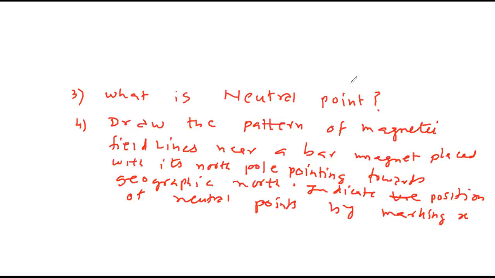Any of you remember? Sir, can I tell? Yes, say. Sir, when a bar magnet is placed on a table and we mark the magnetic lines with a compass, there is a point formed in the magnetic field where the compass gets neutralized, like opposite polarity.